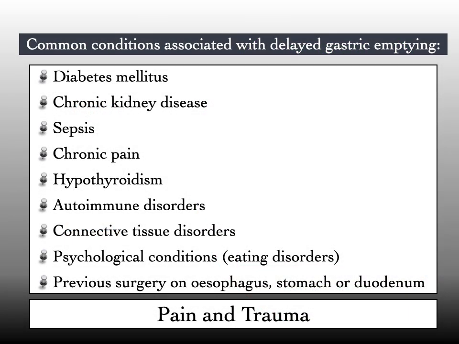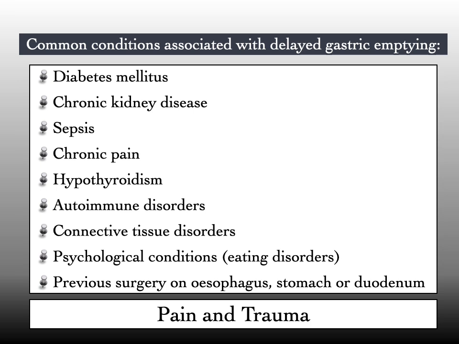Now, many of our patients who come for surgery have chronic diseases. And all these diseases delay the gastric emptying. As a result, patients, even after fasting for a recommended 6 to 8 hours, might still have stomach contents and pose a significant risk for aspiration when they are being induced for anesthesia.